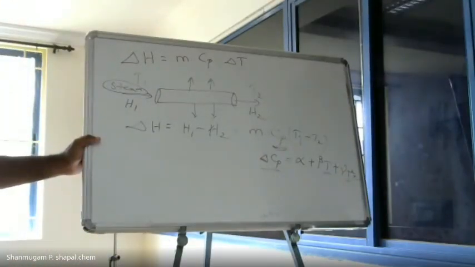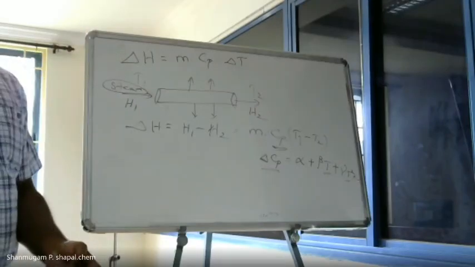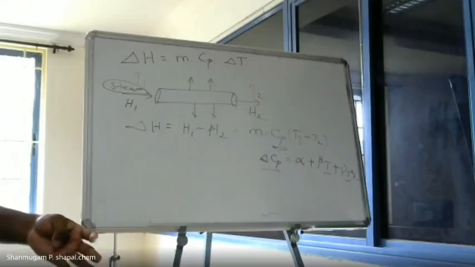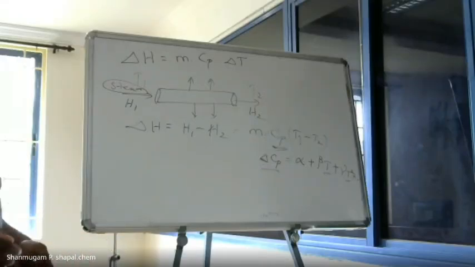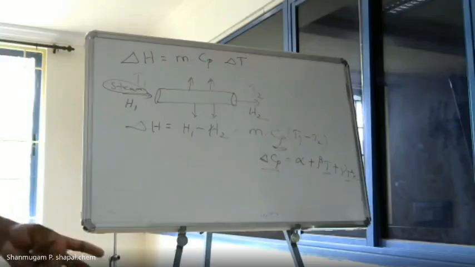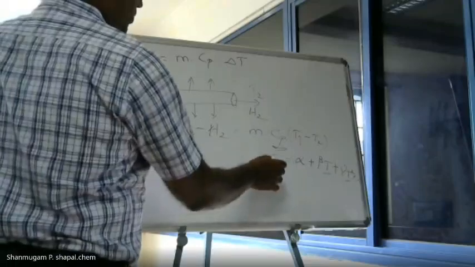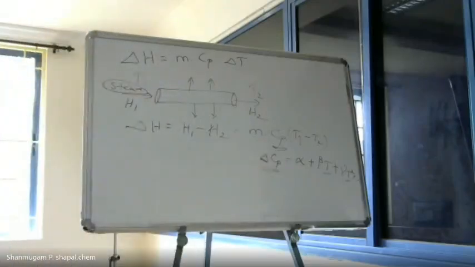But in the reactor, you have a change in enthalpy, but you try to keep the temperature constant. Because it's a closed system, the temperature will be maintained accordingly. If the temperature is maintained, then the pressure has to be maintained. If these two are maintained, then the specific heat capacity will change. Why?